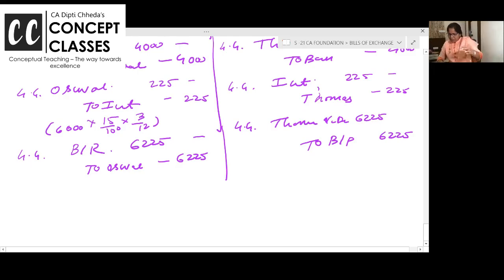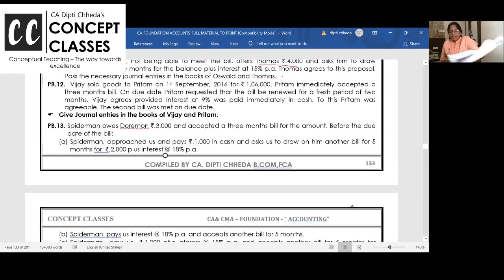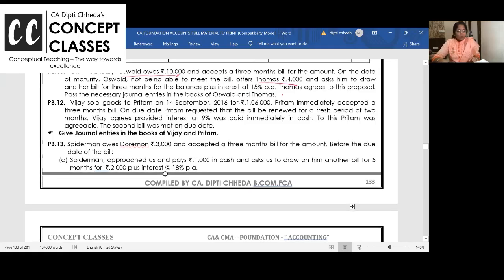Okay, let us take up one more problem. Interest calculation also has to be done carefully. Vijay sold goods to Preetham for 1,06,000. Preetham accepted. Okay, this problem is from the base level, so it starts with the sale.